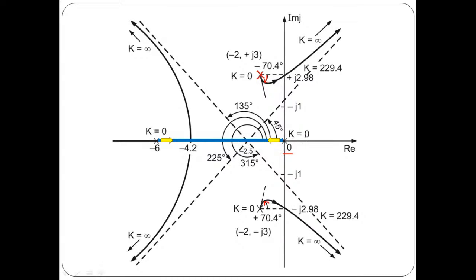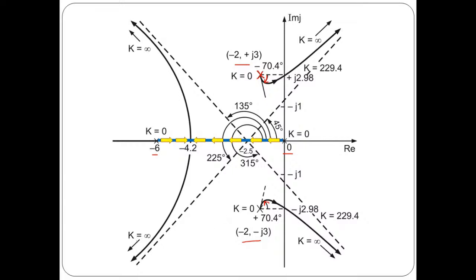So the moment you put k equals to 0, one branch will start from s equals to 0, and another one will start from s equals to minus 6. In the same way, one branch will start from this particular pole minus 2 plus 3j, and another one will start from minus 2 minus 3j, and then they will start their journey like this.